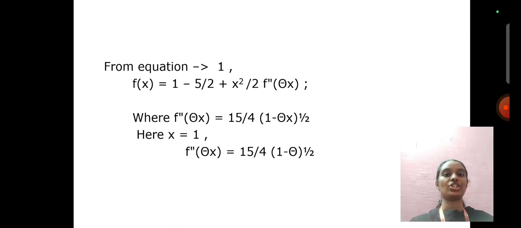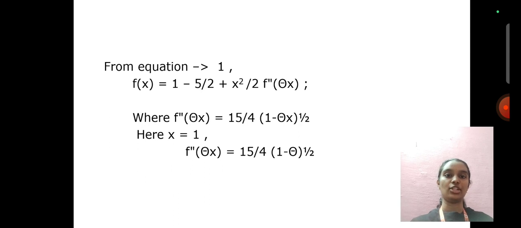The equation came from substituting the values that we derived, where f''(θx) = 15/4 (1 - θx)^(1/2). Here x = 1.